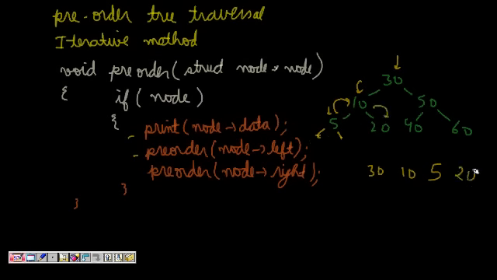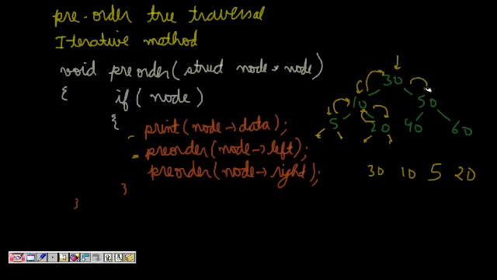Now 20 is printed, its left and right are both null, so it comes back to 10. For node 10, the printing, pre-order node left and pre-order node right are done, so we go back to node 30, and then we start pre-order node right.